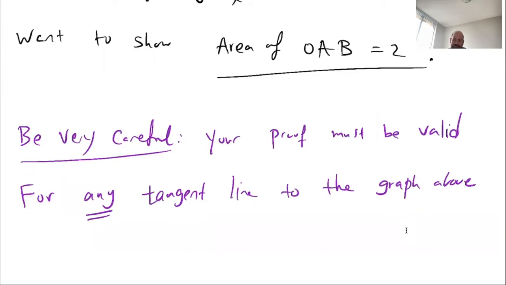Not just an example. Okay, so when I say it has to be valid for any tangent line, it means you are not allowed to give an example of a tangent line that forms a triangle with area of 2. It has to be an arbitrary tangent line.